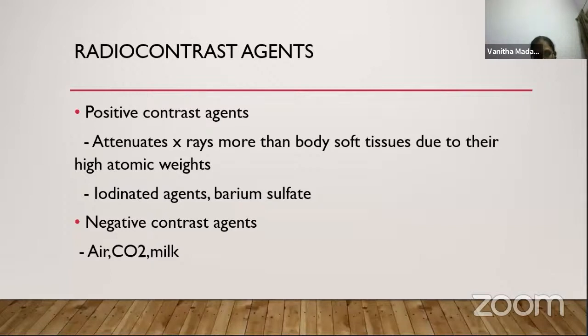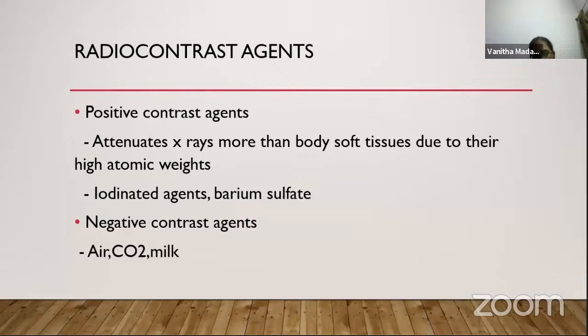And negative contrast agents, examples are air, carbon dioxide, and milk, which attenuate less X-rays when compared to other body tissues. What I know, the indication for negative contrast agents is with barium sulfate. We used to give carbon dioxide in double contrast barium studies to study colonic pathologies.